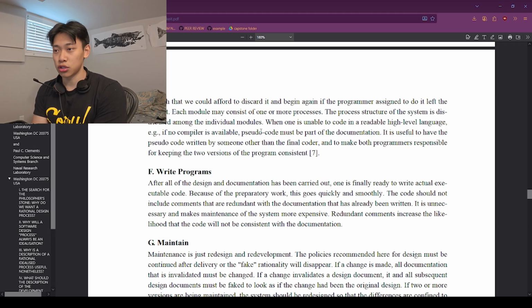The process structure of the system is distributed among the individual modules. When one is unable to code in a readable high-level language, for example, if no compiler is available, pseudocode must be part of the documentation. It is useful to have the pseudocode written by someone other than the final coder, and to make both programmers responsible for keeping two versions of the program consistent.